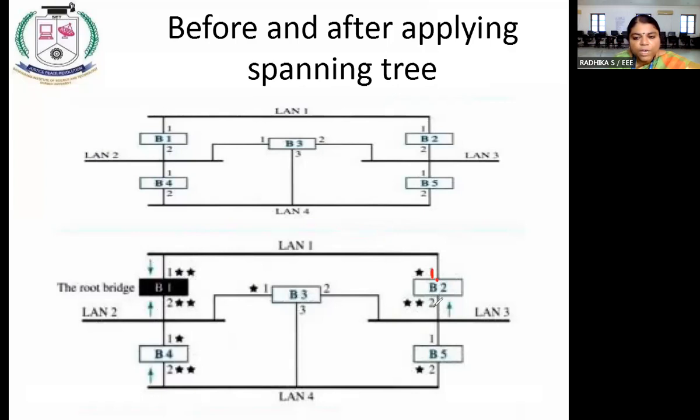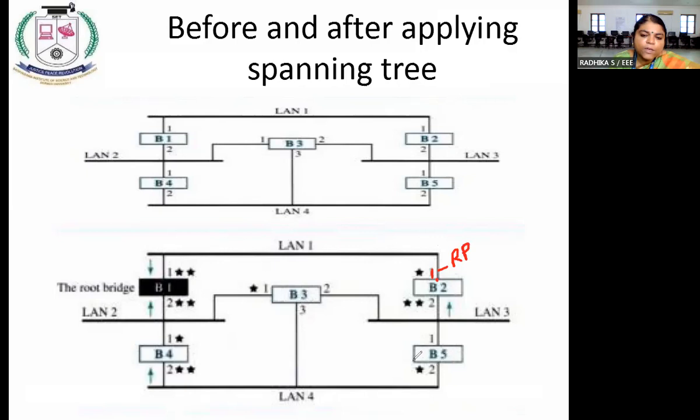Because if I take port 2, I should reach bridge 3, and only then can I reach bridge 1. But if I take port 1, I can easily go to the root bridge. So I mark this segment as the root port.